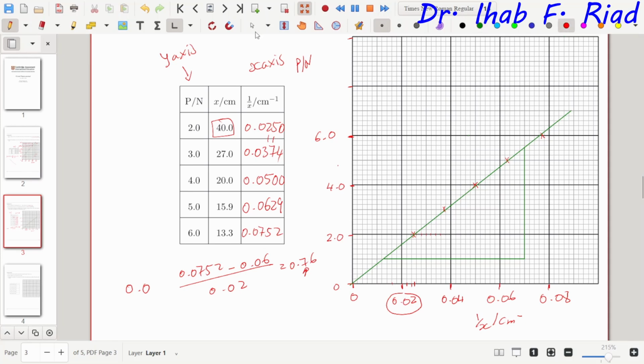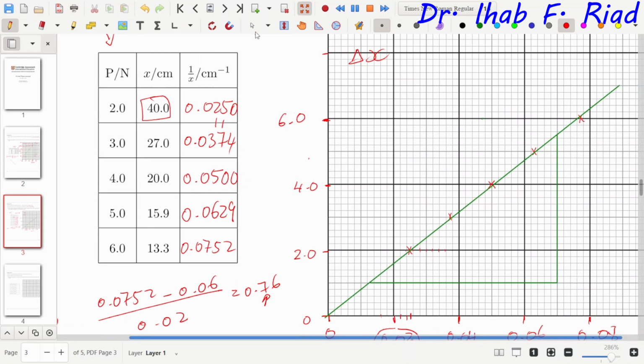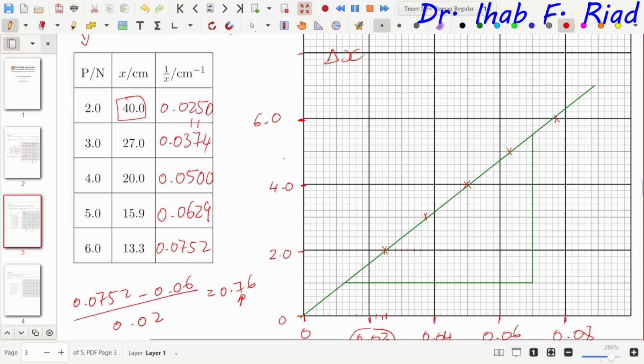Again, the gradient is delta y over delta x. So what is delta y? This value is 5, 5.2, 5.4, 5.5, because this data point is 5.5.